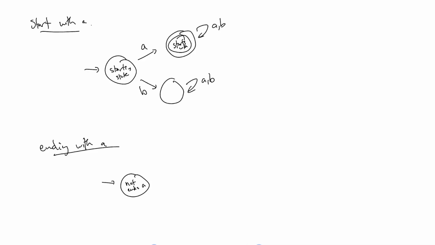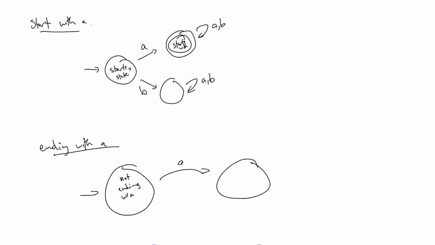Sorry, I didn't fill in. Maybe I should write the words bigger. Although the words are a bit of a red herring because, like I said, the words don't really matter. Not ending with A is my starting state because the empty string doesn't end with A. Now, if the string so far does not end with A and you see an A, that means now it does end with A. So I'm going to do something like this: ends with A. Once we're all pro gamers at this, I'm not even going to write the little words inside the states.